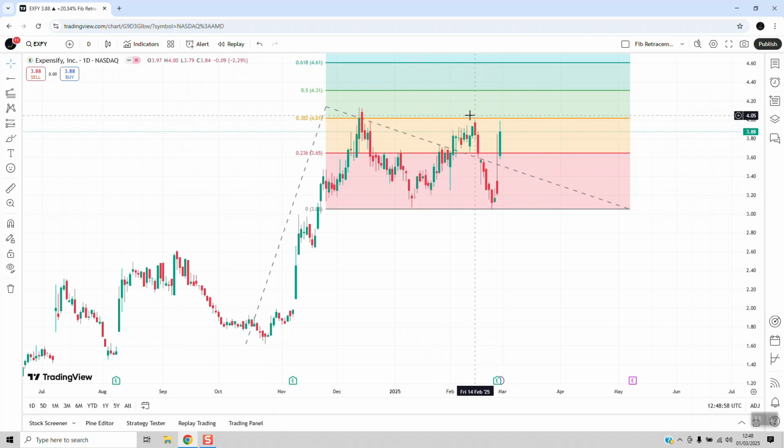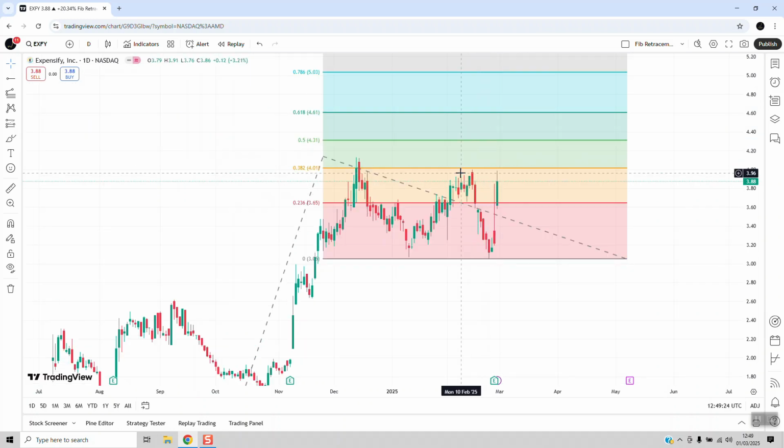Price tends to go up to one of these levels, find some resistance, retrace a little bit, and then move up to the next level and so on. And knowing this, investors using this tool like to take some profits around these levels. That puts them in a good position to buy back at a discount if the price retraces from that level.